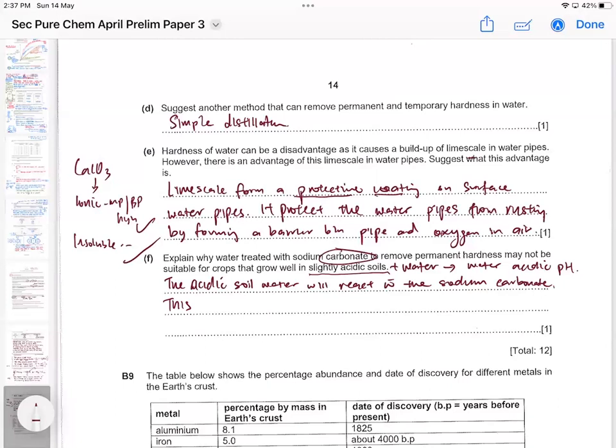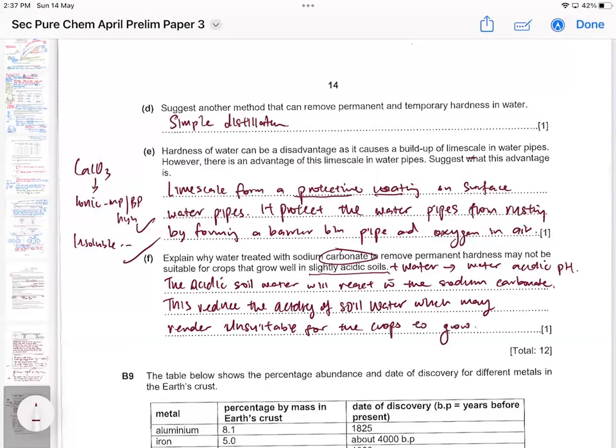So I'll say that this actually reduces the acidity of the soil water, which may make it unsuitable for the crops to grow. All right, that's all.